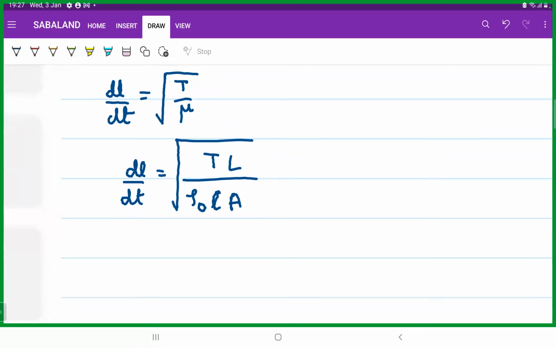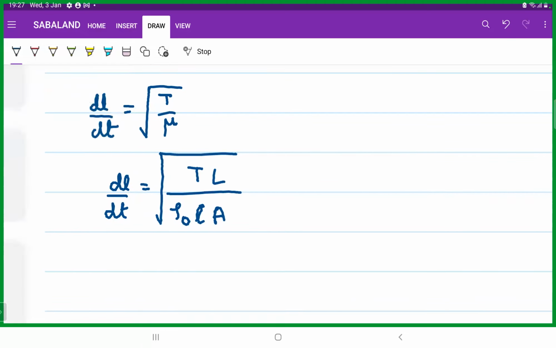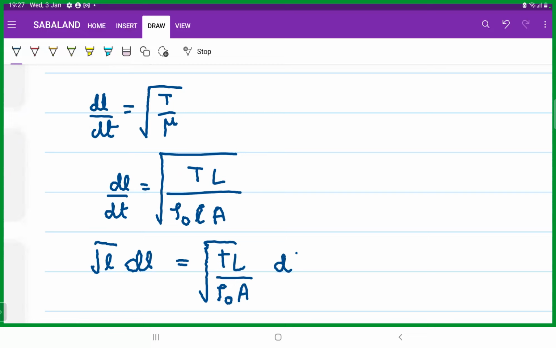So this will be root l dl equal to root T capital L by rho naught A dt.